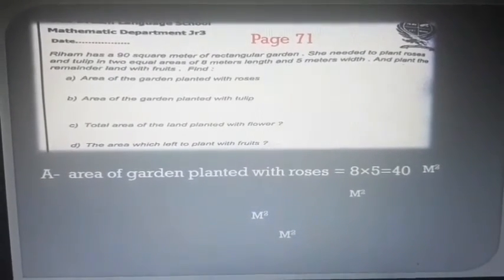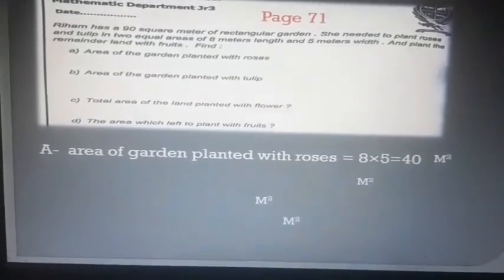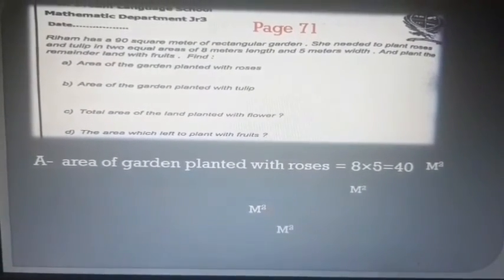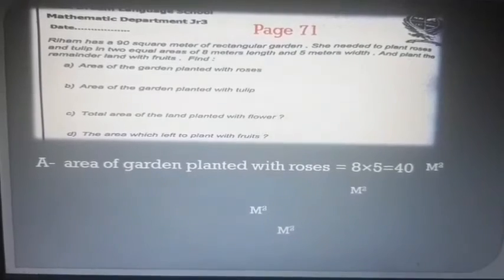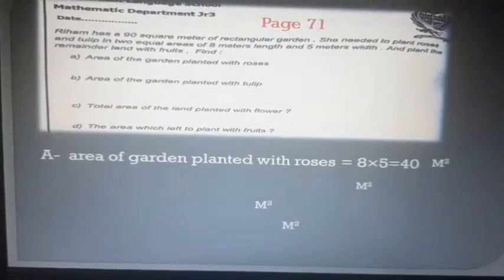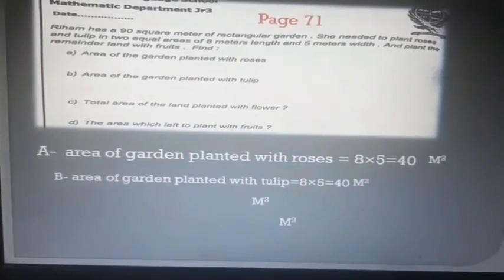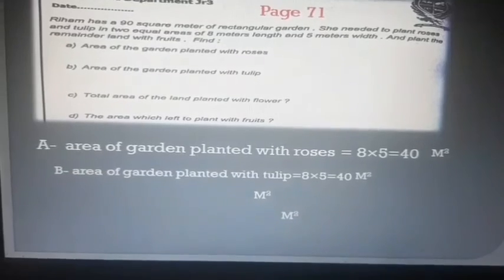Okay, so 8 times 5 equals 40 meters squared. Okay, what about the tulips? Yes, it is the same area, so it equals 8 times 5 also, which equals 40 meters squared.